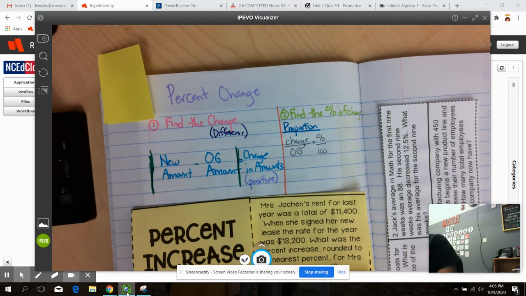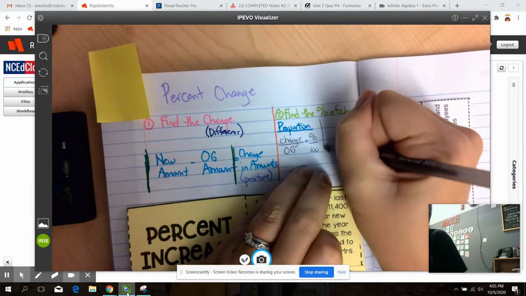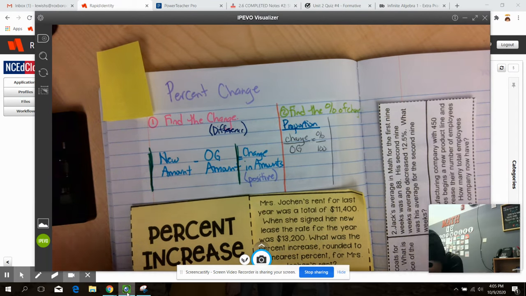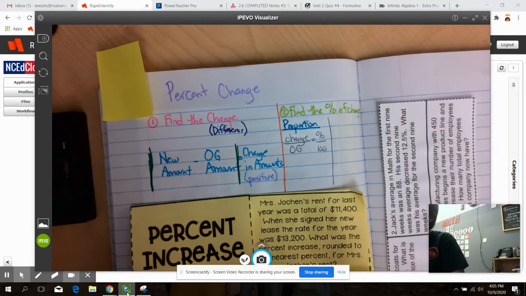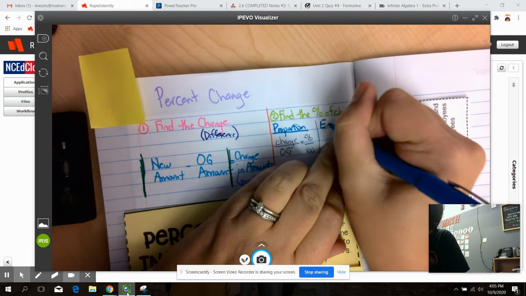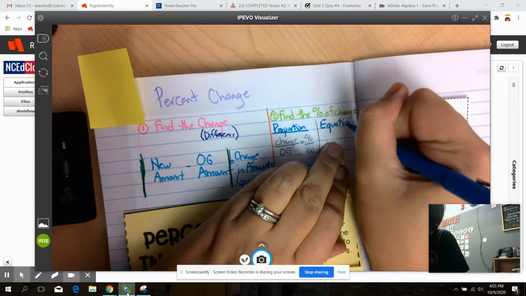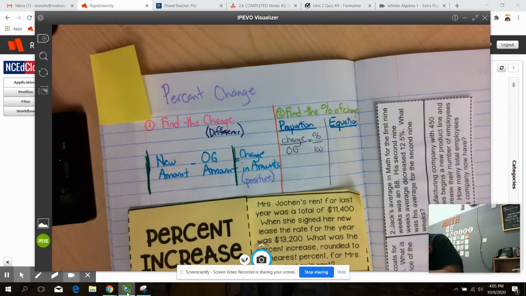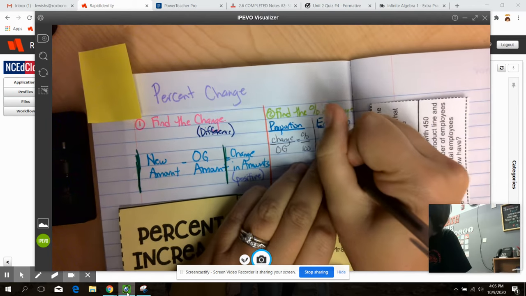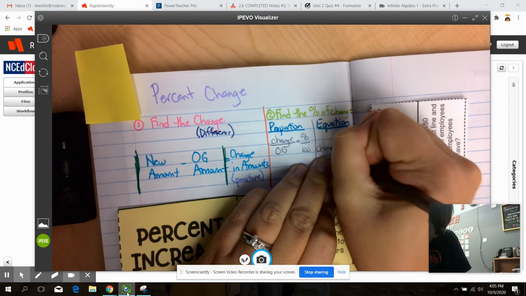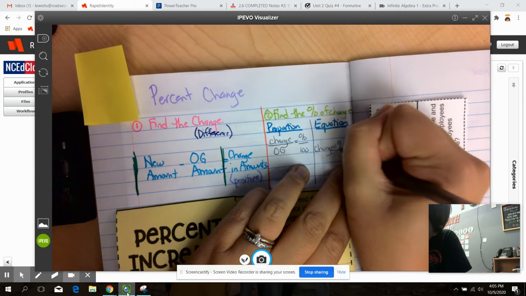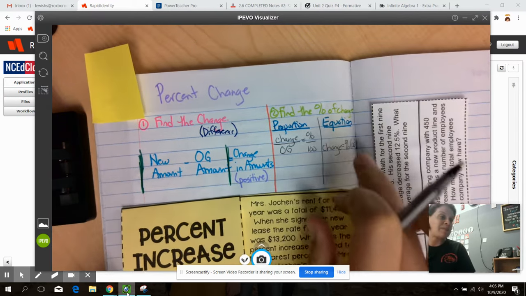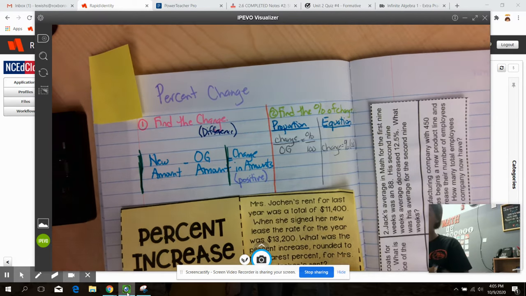If you'd like to use the equation more, you would do change equals percent times the original amount. So those are the two different steps that we do.